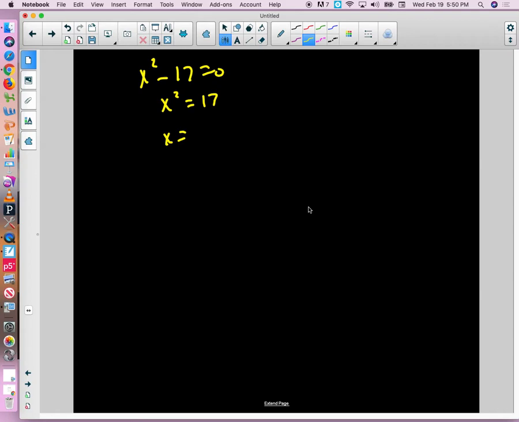So when you decide to use the square root button, the inverse of x squared looks like this. I know when I do x squared equals 17, there should be two answers.